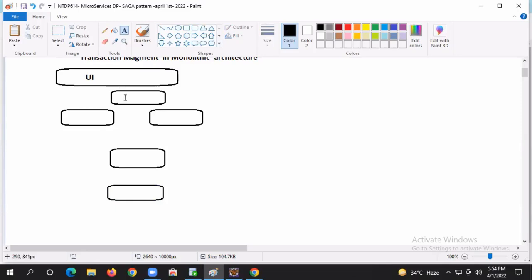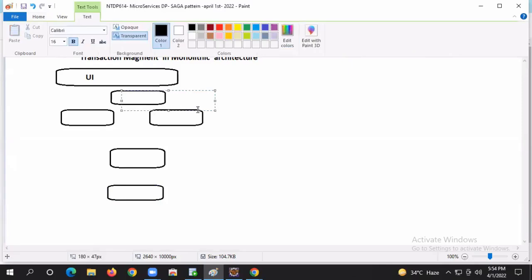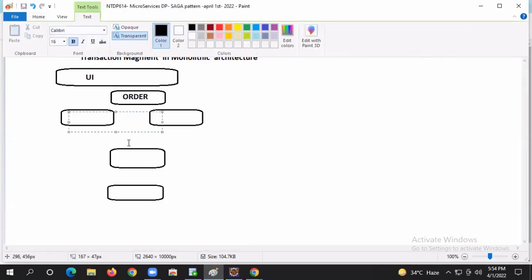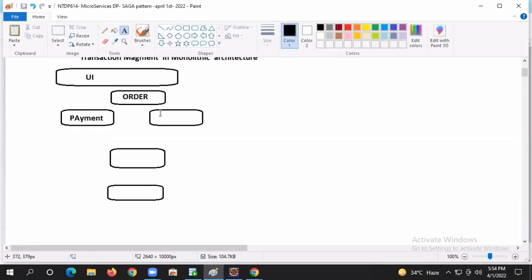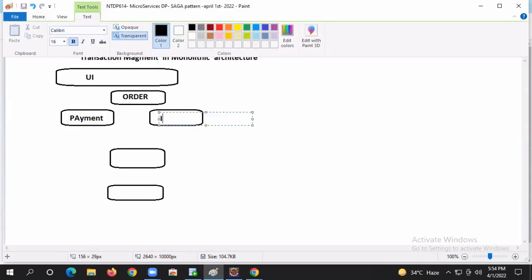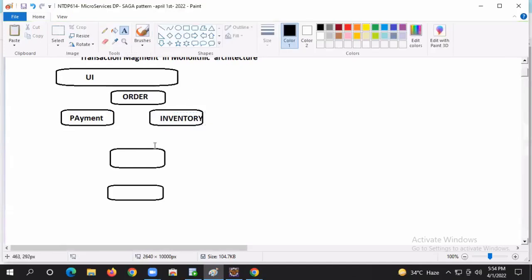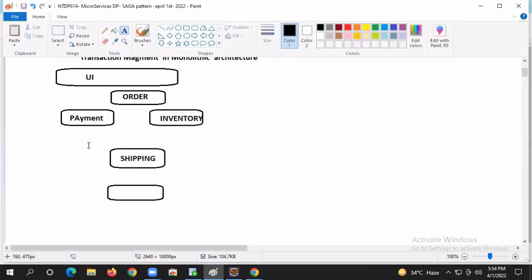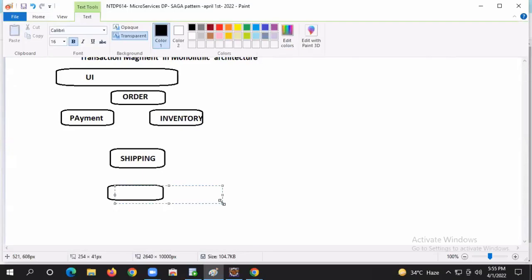First, what happened? Order. Then the order module is linked with payment. The payment module is linked with inventory, where the stock has to be released. Inventory is linked with shipping.